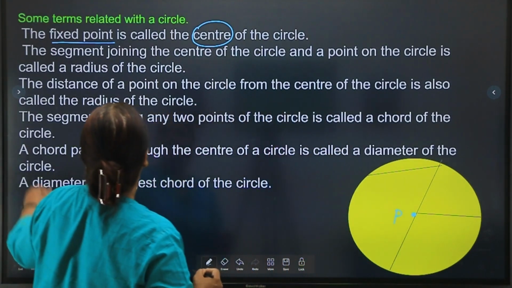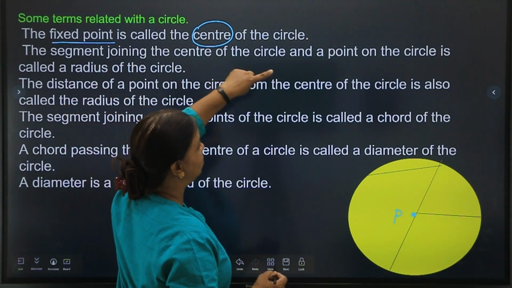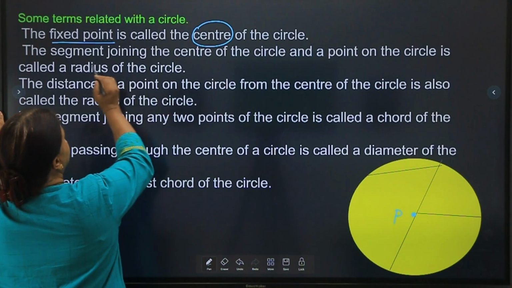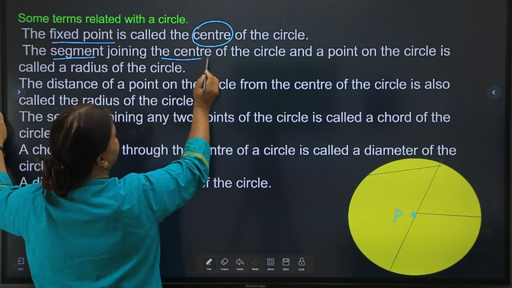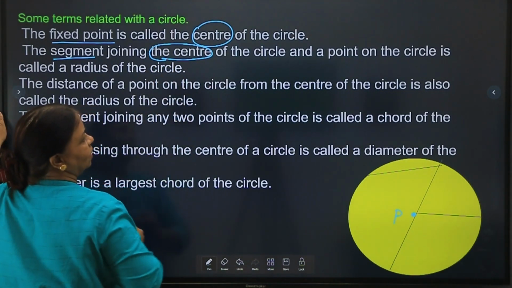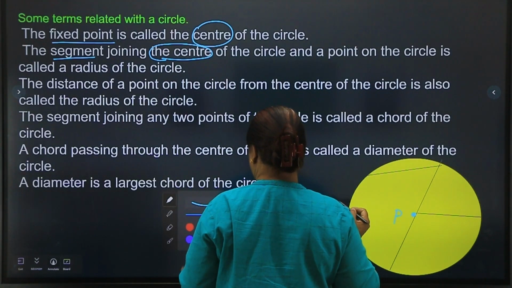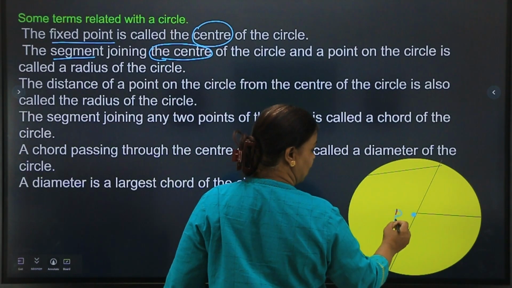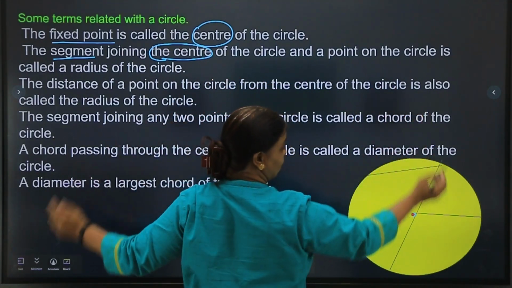Okay. The segment joining the center of the circle and a point. The segment means a line which joins the center of the circle. What is the center? P is the center of the circle, and a point on the circle.